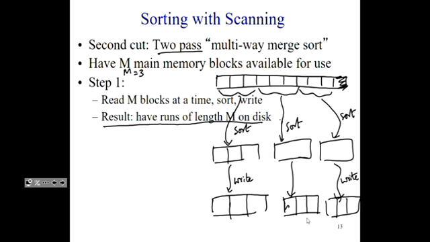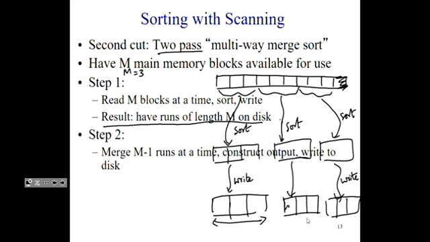So now I have 3 sequences of 3 blocks such that these 3 blocks are all in sorted order individually. So this is a sorted sequence. Okay. The next step is essentially to do a merge. So I'm going to merge M minus 1 of these runs at a time, construct the output, and then write to disk.